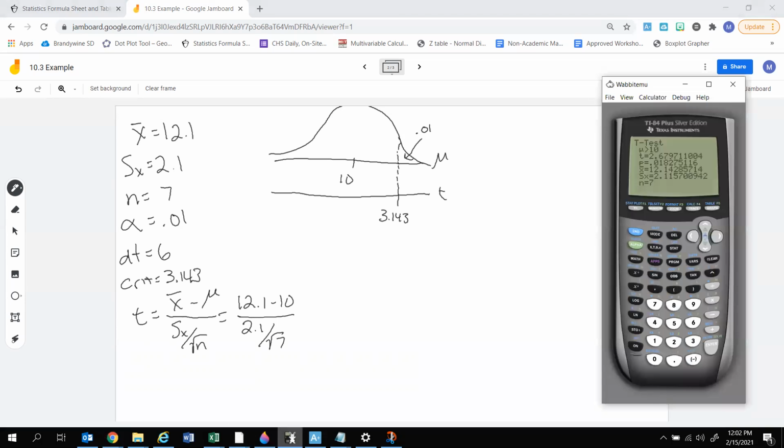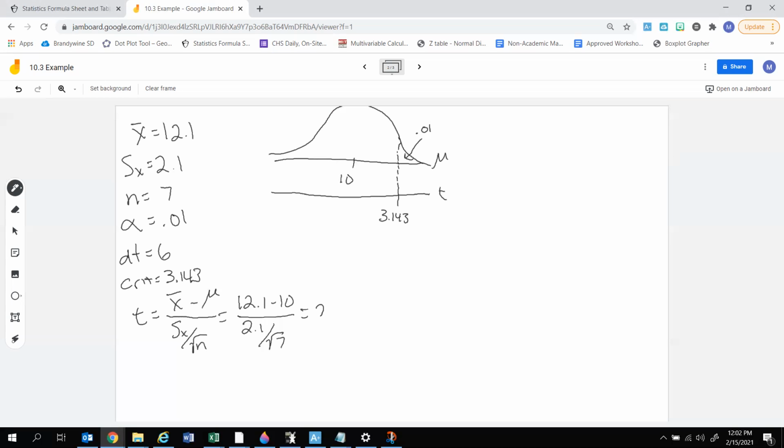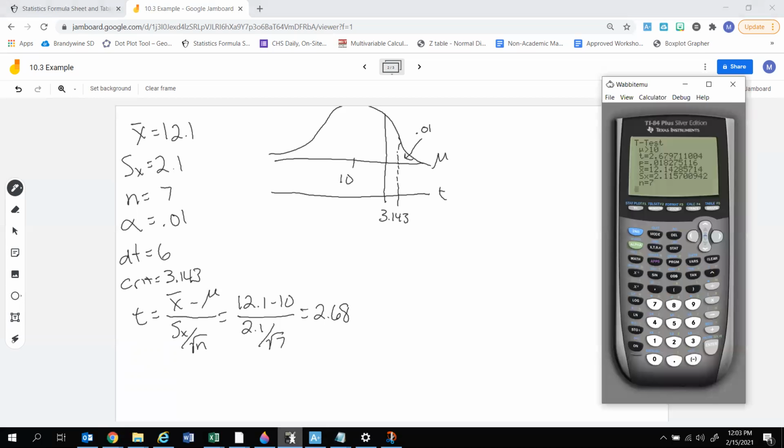From our calculator, that gives us a t-score of 2.68. 2.68 puts us out here. So we do not land in the rejection region. It's not far enough away from the mean of 10 to say there is a difference. It's not statistically significant. We also get a p-value of 0.018.